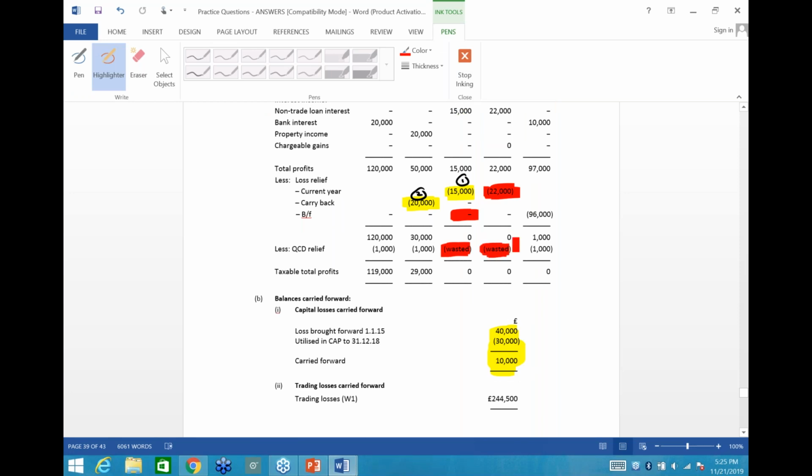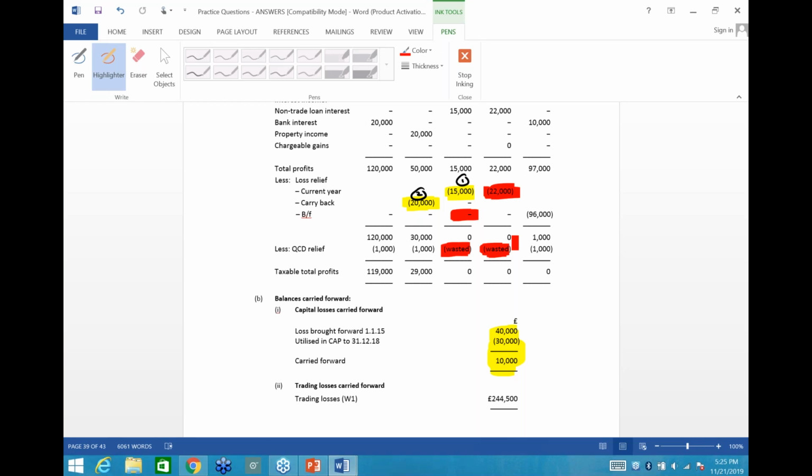When you set off the maximum possible amount, even though you have a QCD, you won't be able to use it because already total profits have become zero. But if you go for the carry forward relief, good thing is you don't have to set off the maximum possible amount. You can decide how much of your trading losses should be set off against total profits before QCD. Therefore, you can do it in such a way without wasting your qualifying charitable donations.